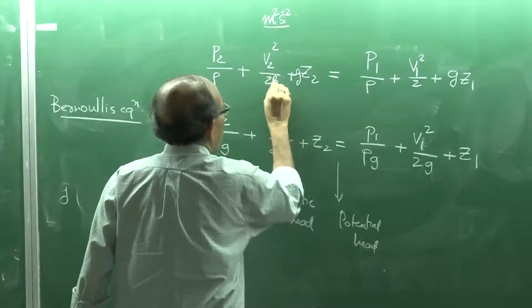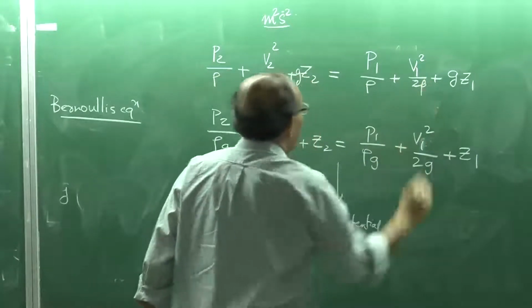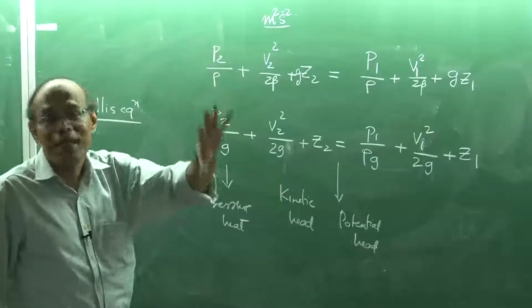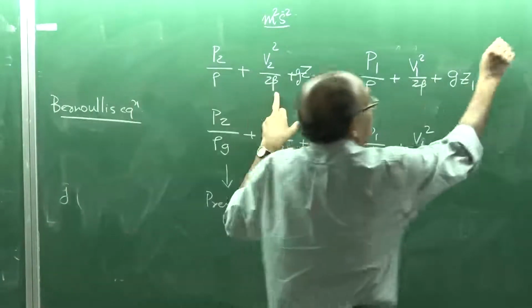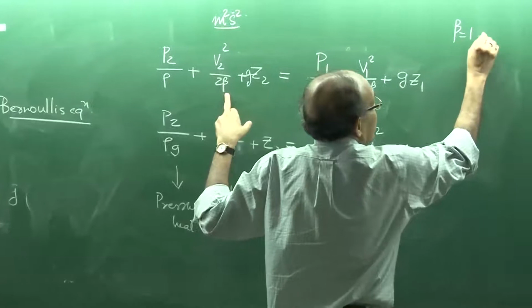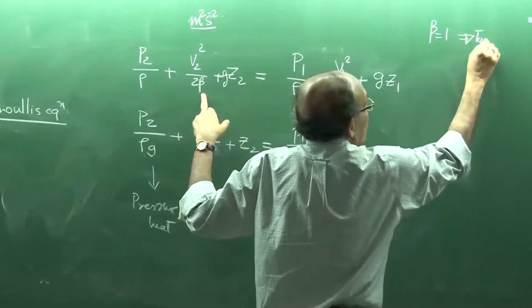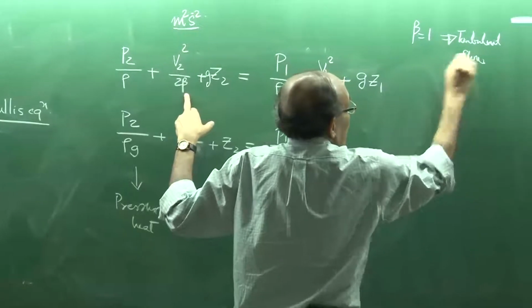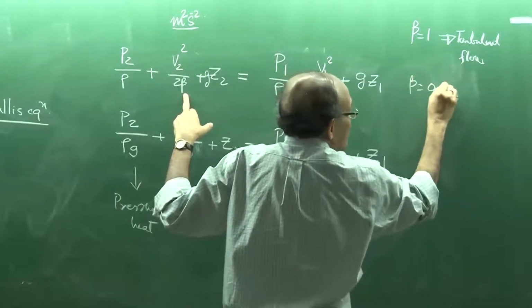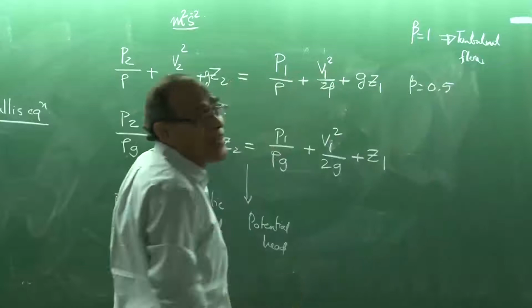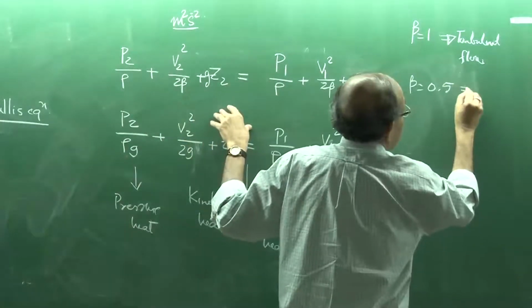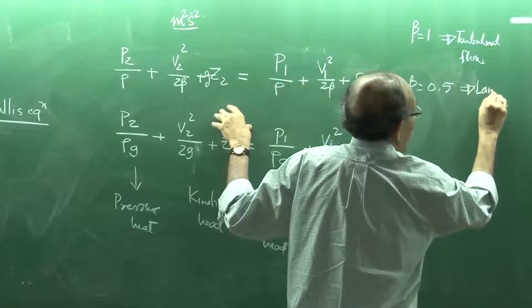By introducing a factor beta, this equation can now be applied to laminar flow. If beta is taken to be 1, we can say this is for turbulent flow, and if beta is equal to 0.5, it is an empirical, experimentally determined parameter, this equation works, and then we can say that this is for laminar flow.